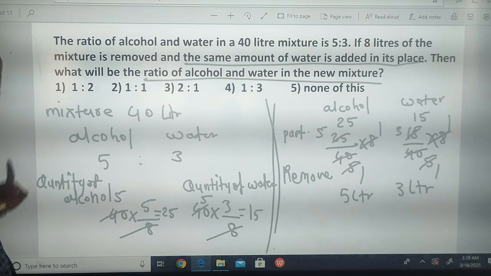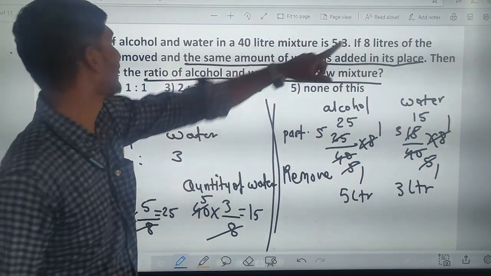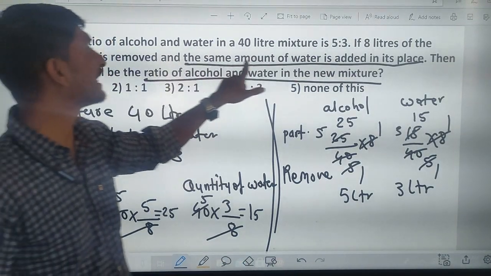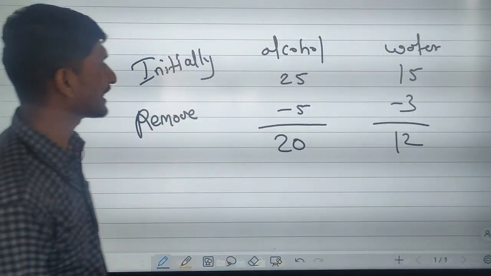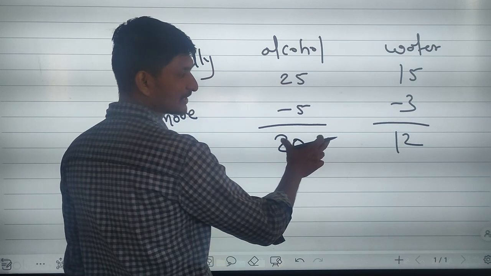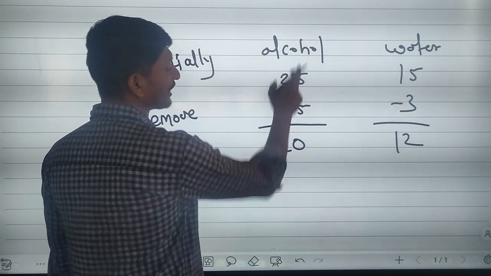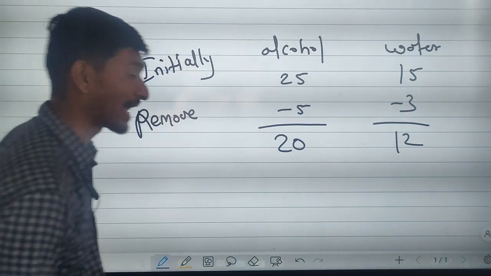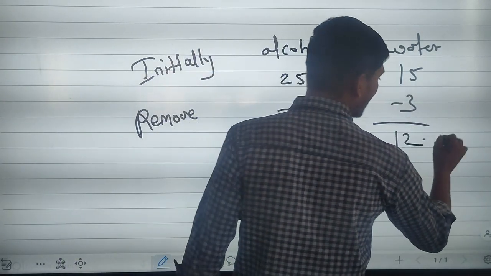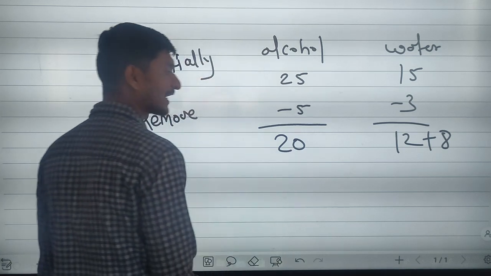Now 8 liter of mixture removed and same amount of water is added. Remaining part of alcohol is 20 liter, remaining water is 12 liter, and 8 liter of water added.